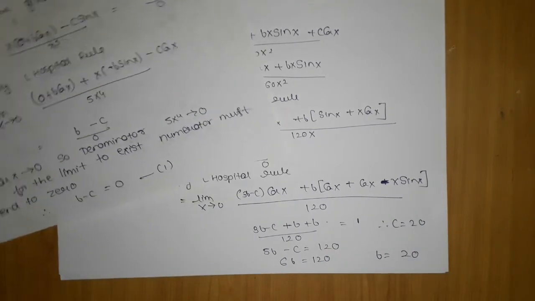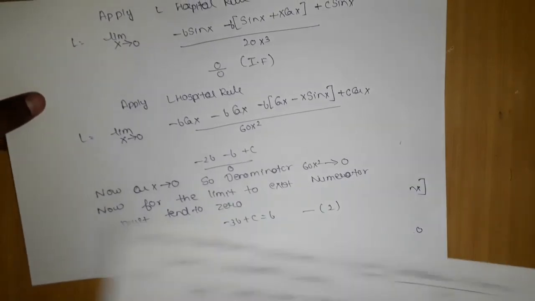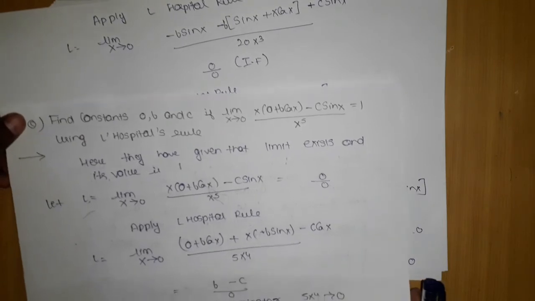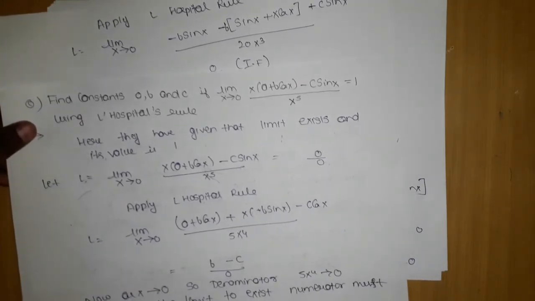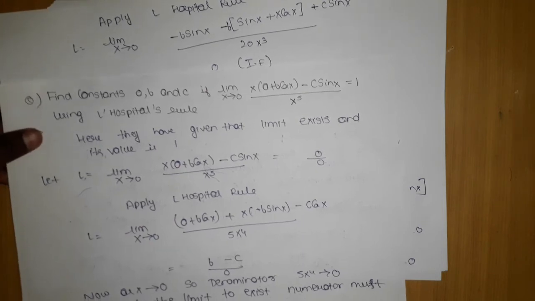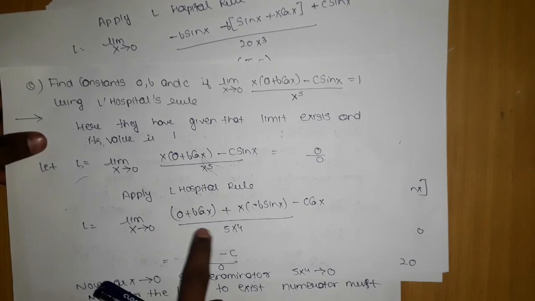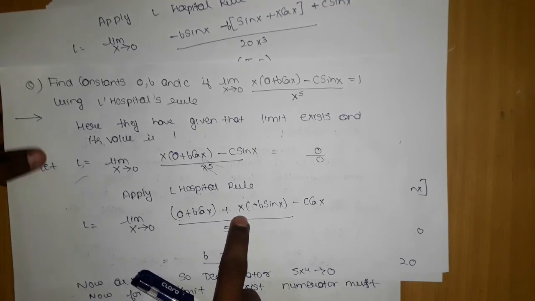If c equals 20, do we have any relation between a, b and c? Any relation between a and c? It was x, then it was a plus a.